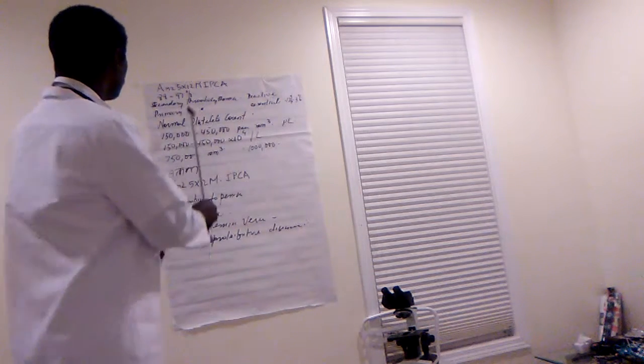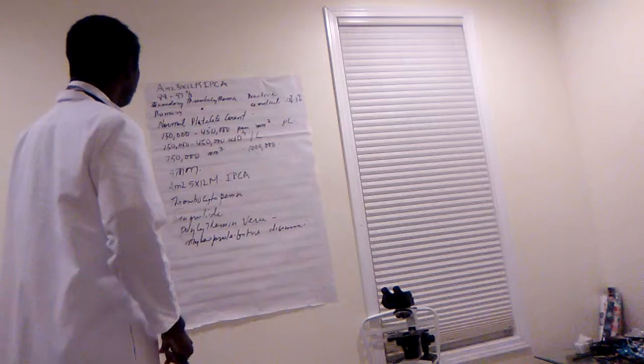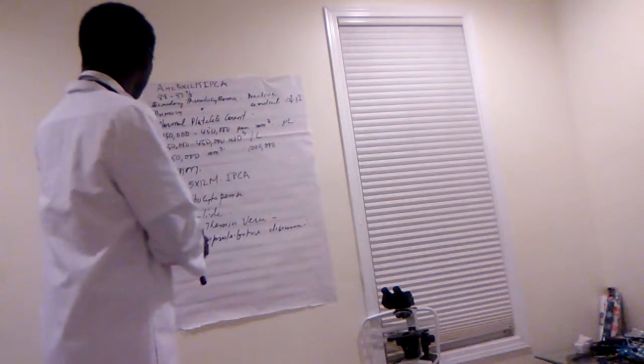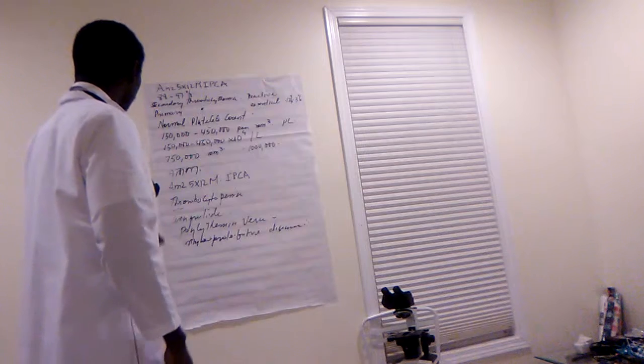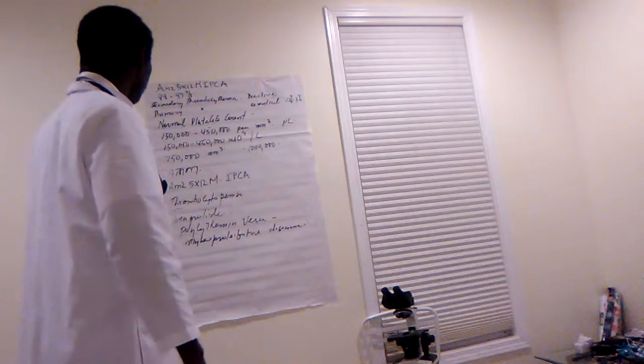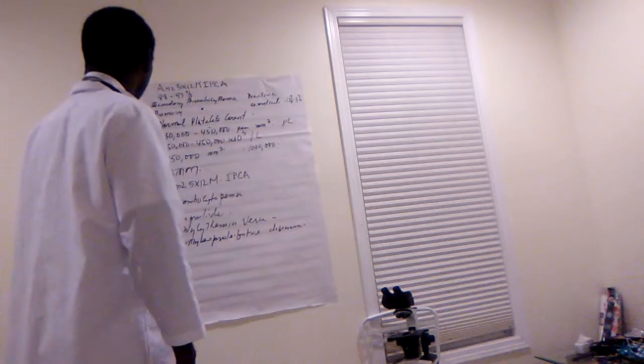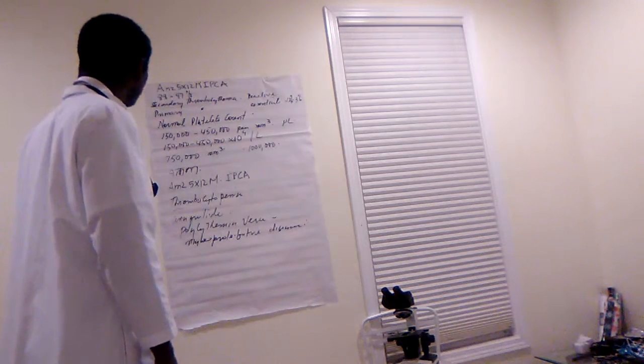Now, in the case of secondary thrombocythemia or reactive thrombocythemia, polycythemia vera, the secondary reactive thrombocythemia is indicative of polycythemia vera, and also an increase now in the thrombopoietin, which leads to thrombosis.